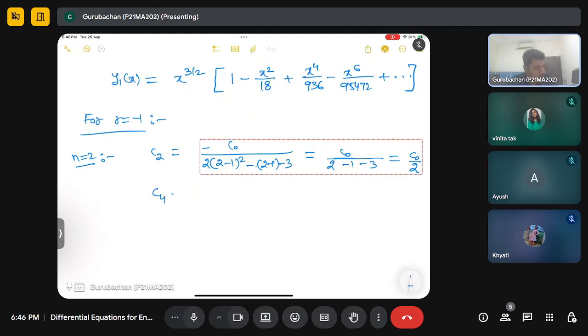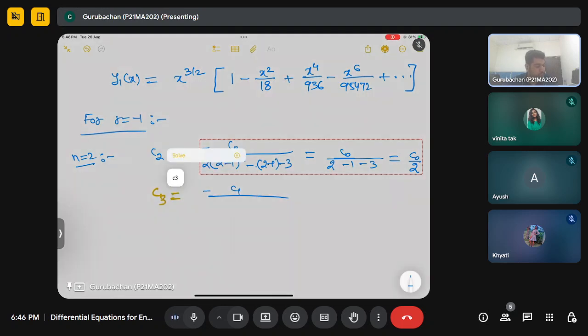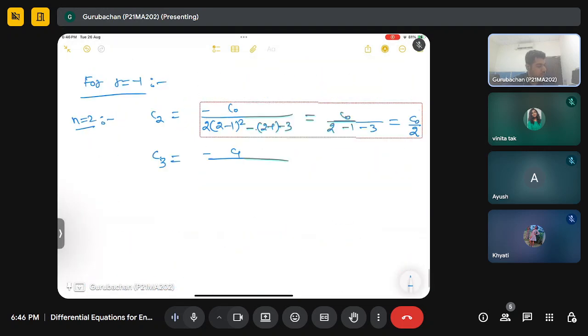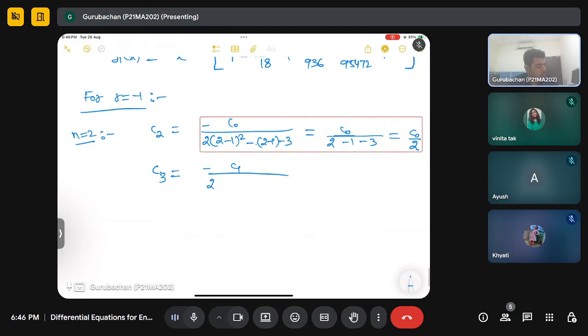Similarly, C3 is some multiple of C1, so it will be with negative sign. This will be 2 times 3 minus 1 whole square, 3 minus 1 minus 3. So this ultimately will be 0, since C1 is 0.